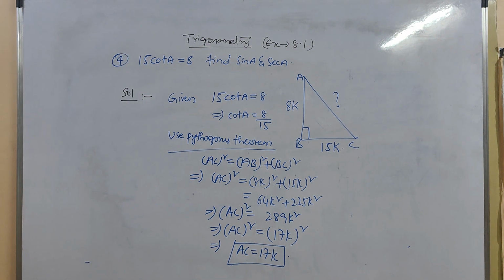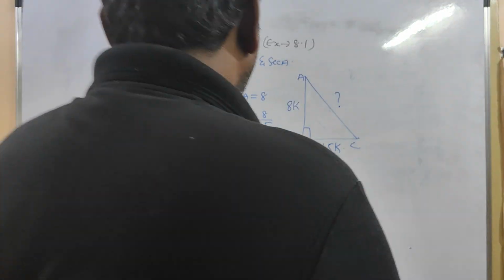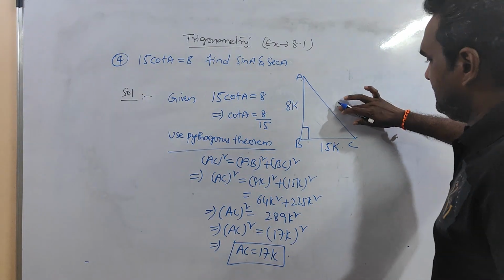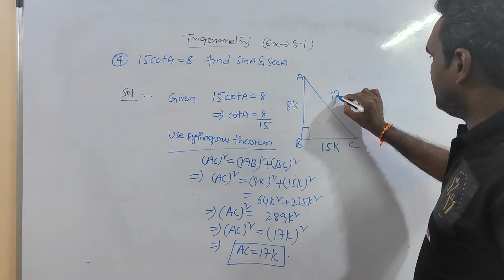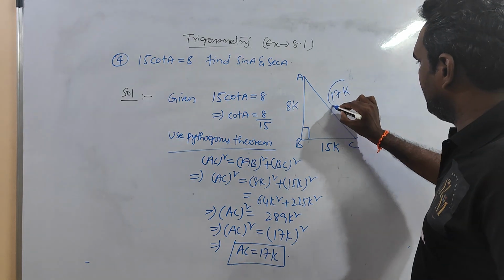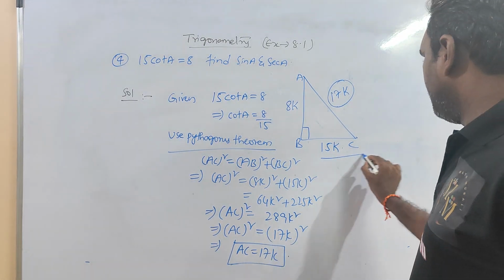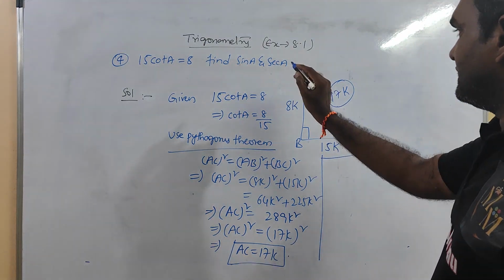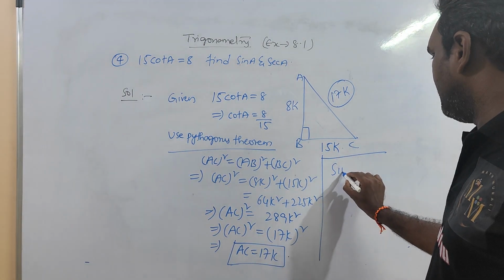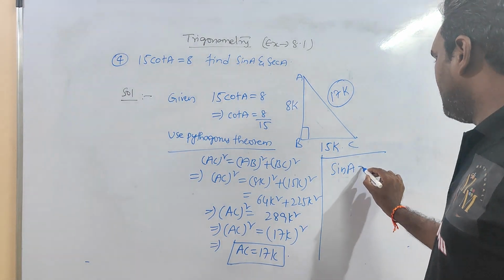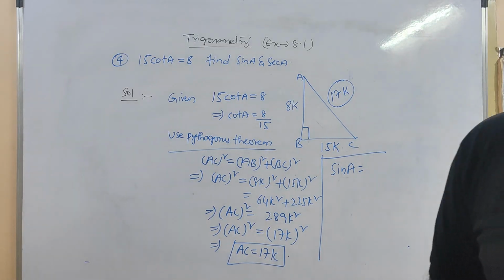After getting that, what they are asking, that we will find. Now we got AC as 17K. And after that, what are they asking? They are asking to find sin A. What is the definition for sin?